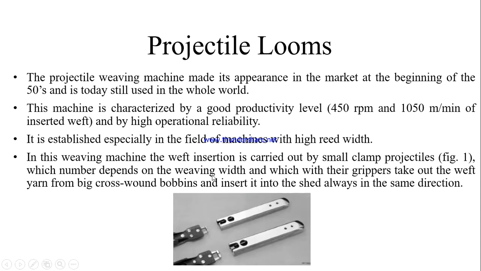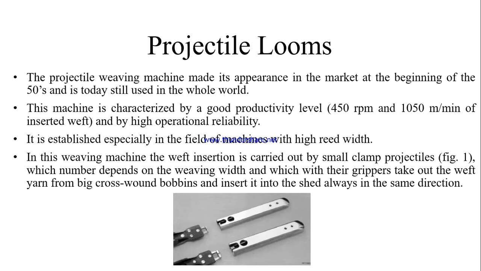Their number depends on the weaving width. The number of projectiles used in a single loom depends on the width of the fabric. It's not like a single projectile is used for the weaving, or 2 or 3 projectiles. Many projectiles are used during the weaving.